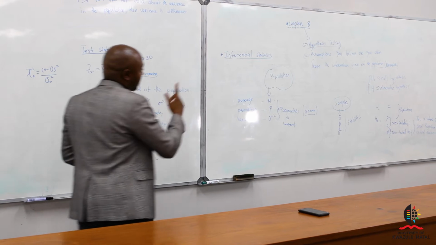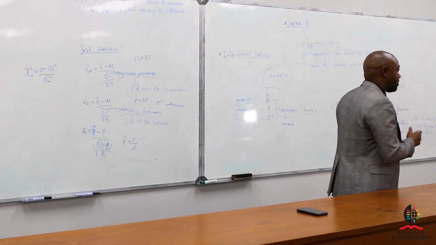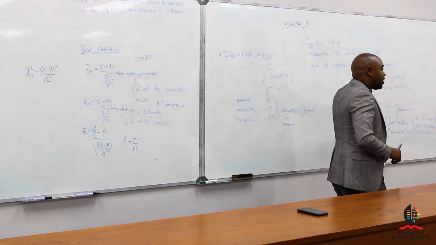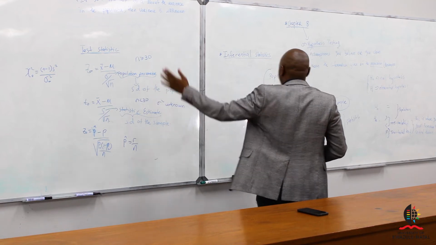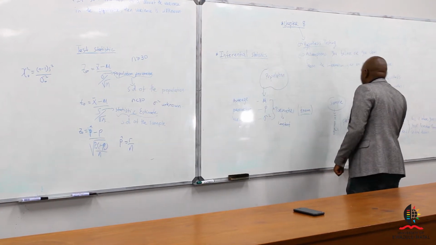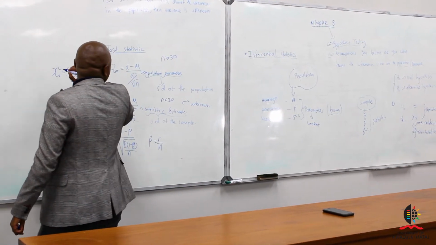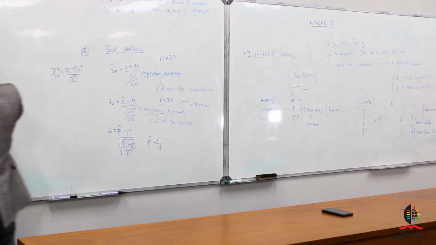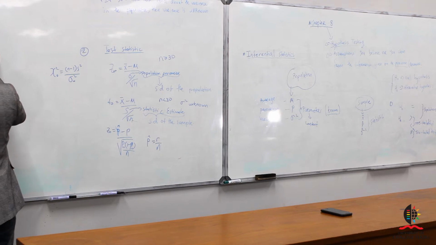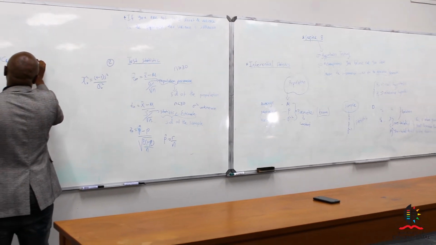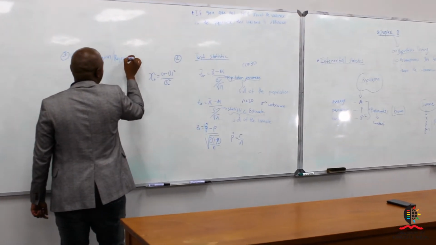Now the third part, so this is the first part. The first part, construct your hypothesis test, meaning you need to tell us your H0 and your H1. The second part, you need to calculate your test statistic. The third part is find your critical regions, or your rejection regions.